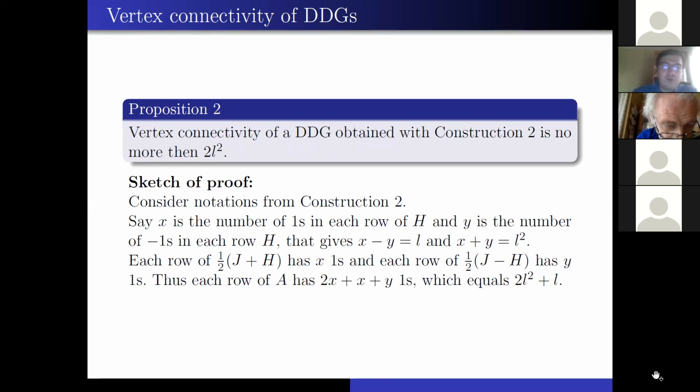Thus, each row of A has 2X from M, where we have 2 such matrices, and X plus Y ones from N, where we have 1 such matrix and 1 such matrix, which altogether gives us 2L squared plus L, exactly as the regularity of this DDG.